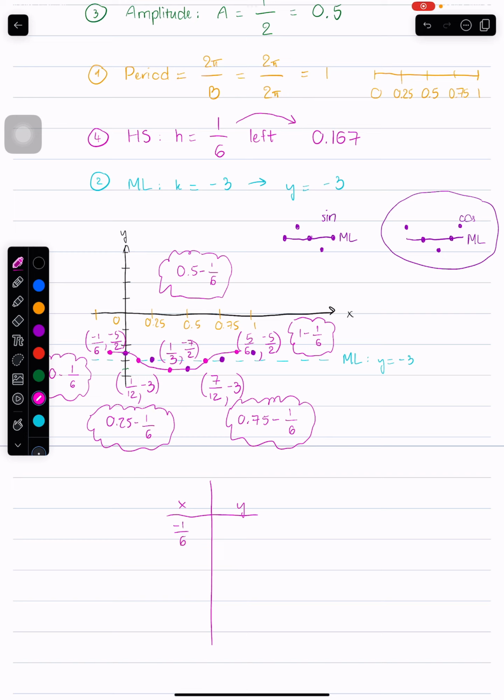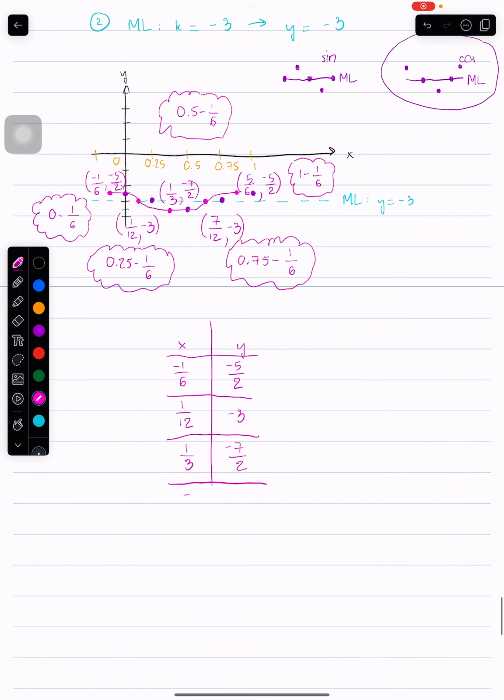The y value of it would be negative 5 over 2. Second point is 1 over 12 and negative 3. Third point is 1 over 3 and negative 7 over 2. Fourth point is 5 over 6, negative 5 over 2. Just copy and paste.